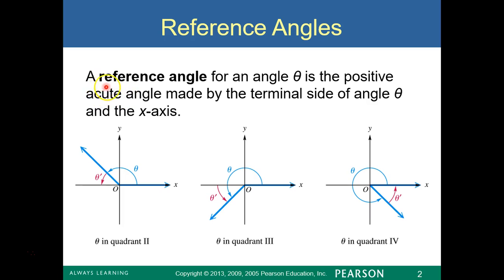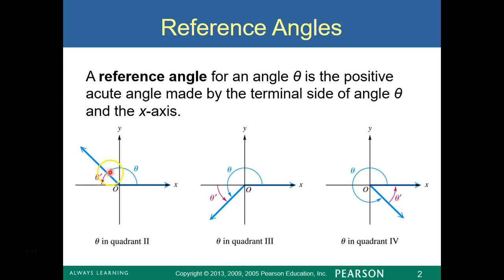Okay, so here's what a reference angle is. A reference angle for an angle theta is the positive acute angle made with the terminal side of angle theta and the x-axis. So the terminal side is this side right here that is something else other than the x-axis. All of the acute angles that we looked at previously just use the positive x-axis, and to determine the angle, we go counterclockwise, and that gives us our angle.